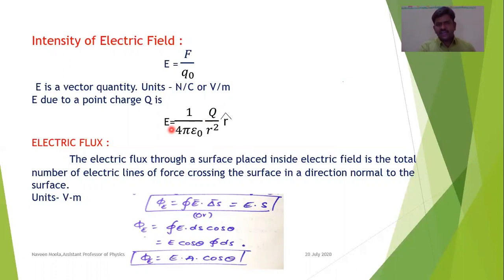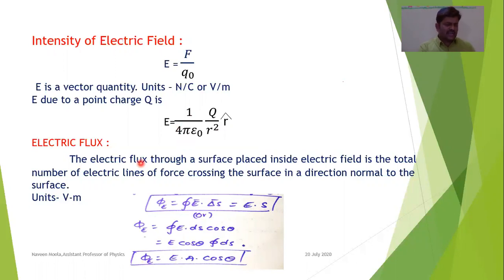Similarly, we can calculate electric field intensity even if we have 3, 4, 5, any number of charges. We calculate electric field intensity due to each point charge at that point, and then we use vector addition law to calculate the net electric field intensity. We can formulate a number of problems using this relation of electric field intensity.